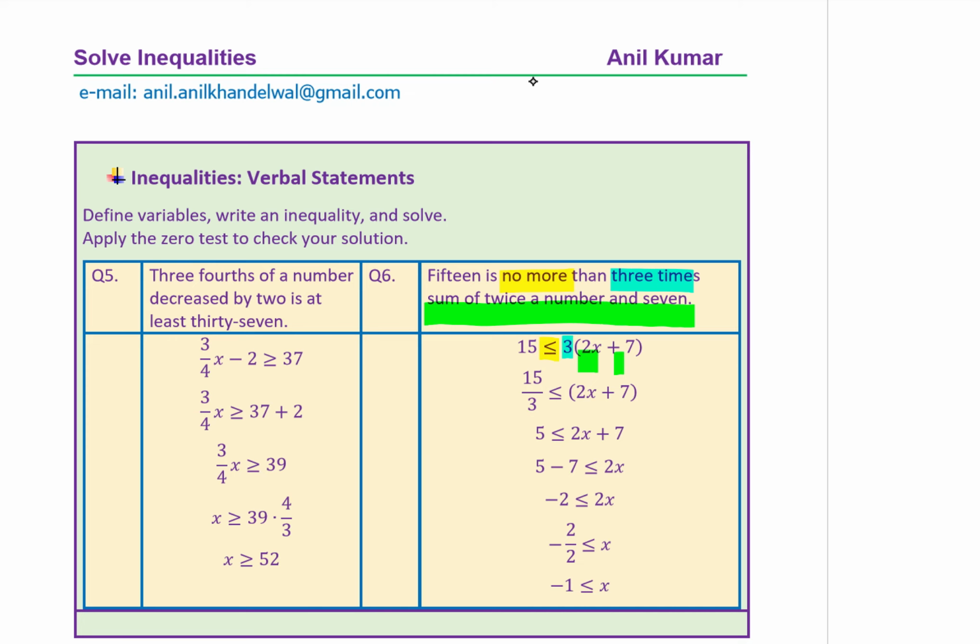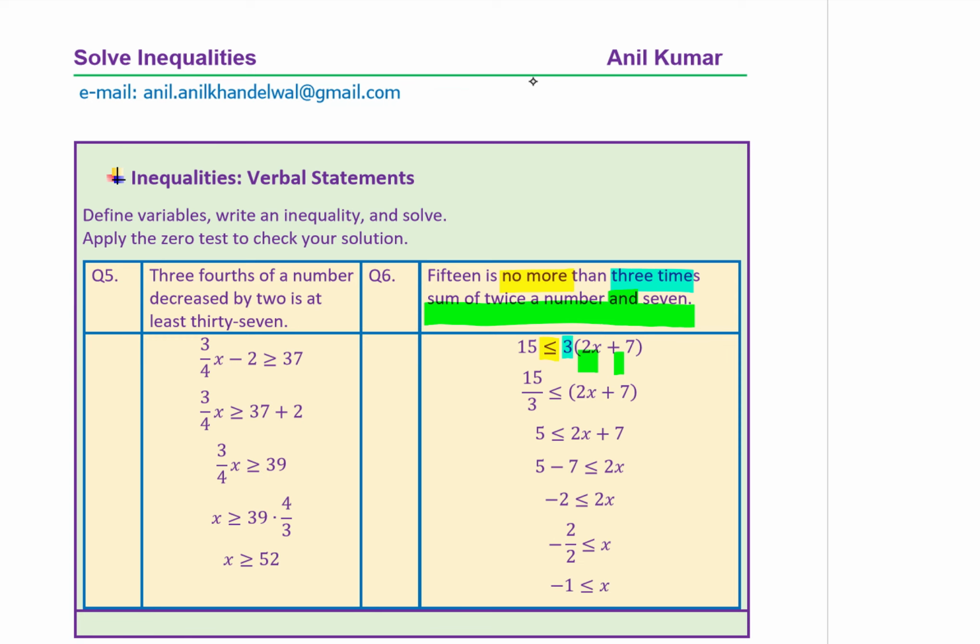It comes in handy to you. How many of you got this right? Perfect, that's great. So again, look at this phrase and then see how we got the right hand side. 3 times, within brackets, 2x plus 7, which means 3 times the sum of twice a number and 7. So both are being multiplied by 3. You get it? Therefore, 3 is outside the bracket. So once you get that, you can actually find the solution.